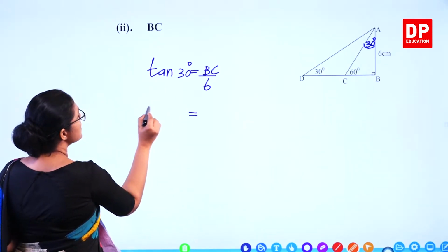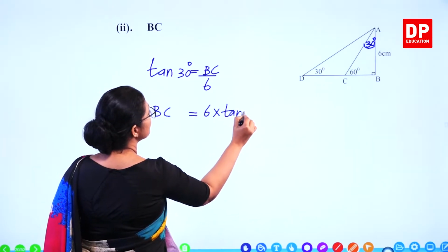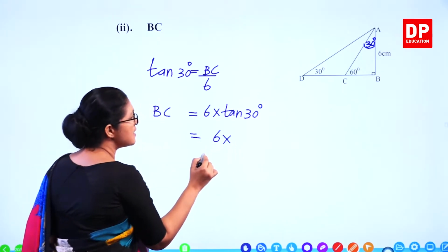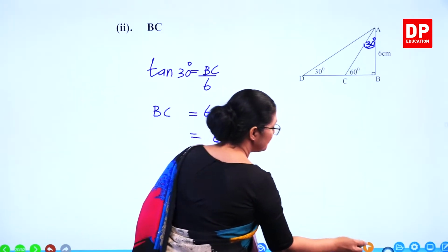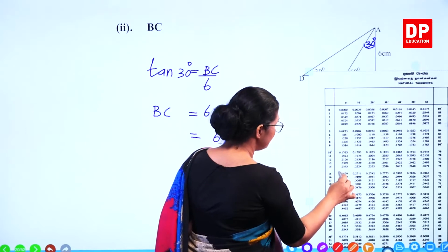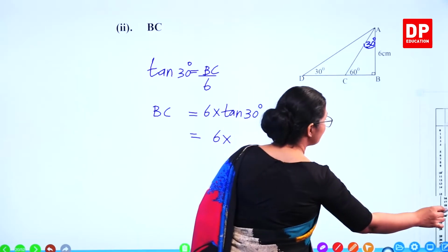So 6 times tan 30. What's tan 30? Refer the tangent table for tan 30. 0.5774.